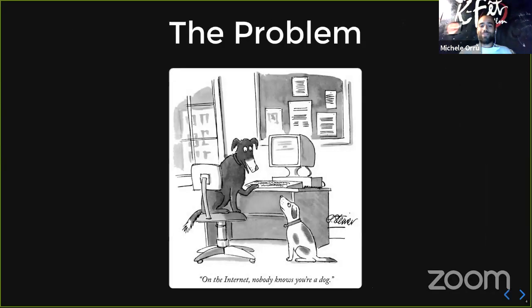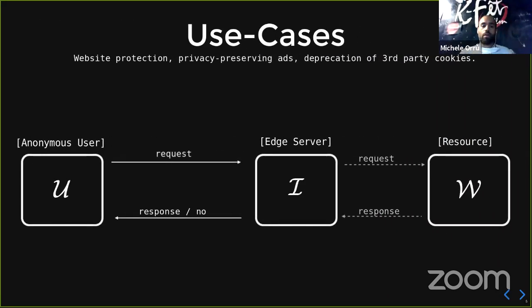Why are we interested in them? Because on the internet, it is very difficult to understand whether a user is honest or fraudulent, if it's, for instance, a bot or a spammer. Oftentimes on the internet, we have users that try to access some resource, and this resource is finite or very sensitive to spam. What we do in general is put an edge server in the middle that tries to assess whether the user is fraudulent or not.